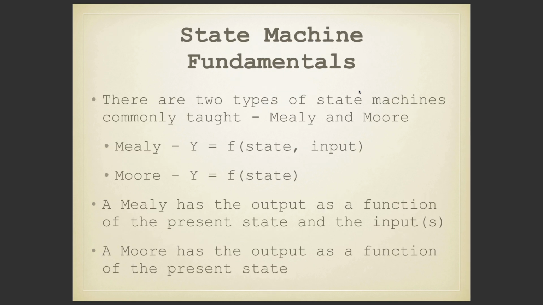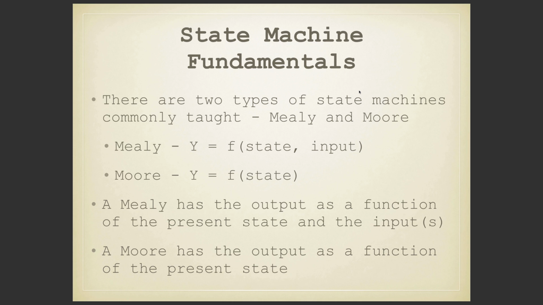When you talk about a state machine, there's really two basic schools of thought. One is called a Mealy machine, one is called a Moore machine. You can express the primary difference by the expressions. For a Mealy machine, the outputs Y are a function of the present state and the inputs.